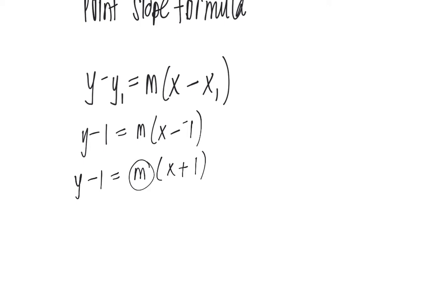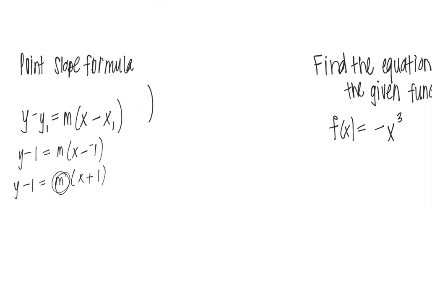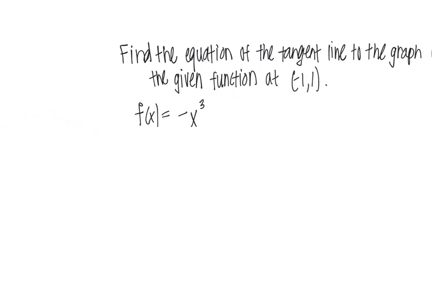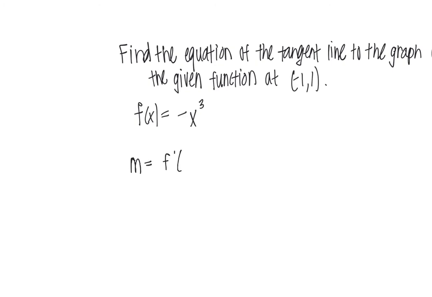But here's the calculus, because we need the slope. We need the slope to finish out and write the equation of this line. That's all you need for a line, by the way, is a point and a slope. So we are going to get the slope. You get the slope of a tangent line by taking the derivative, f prime, and plugging in your x value that it gave you, okay?